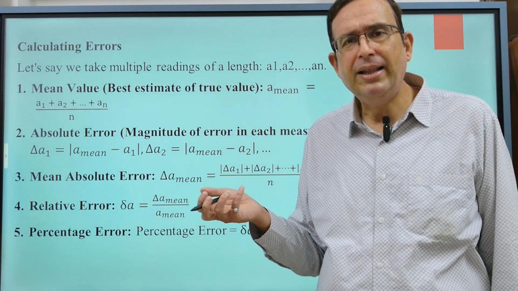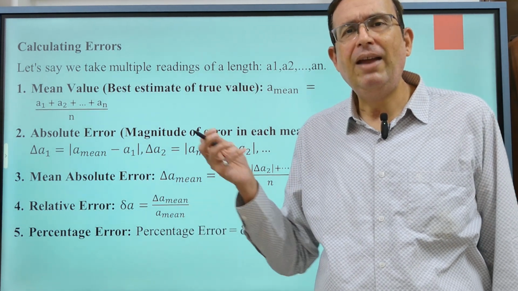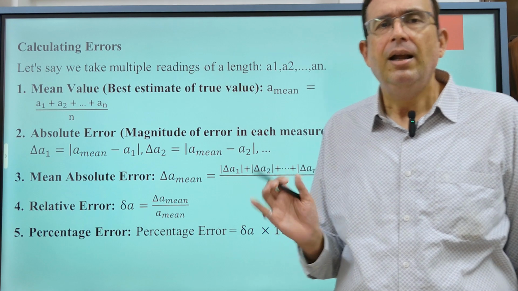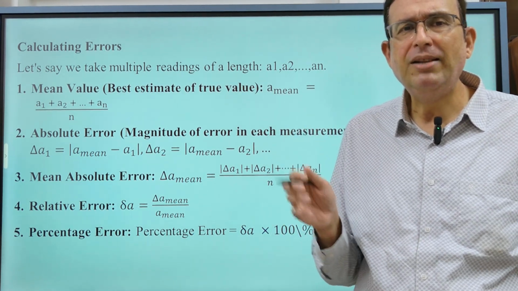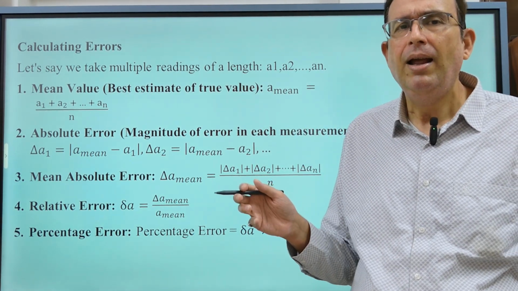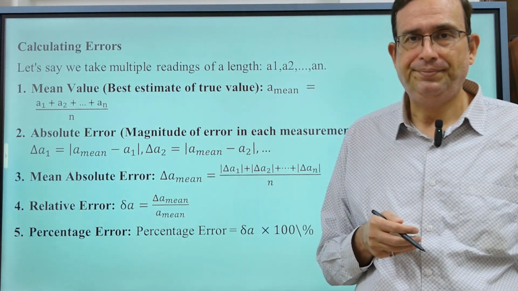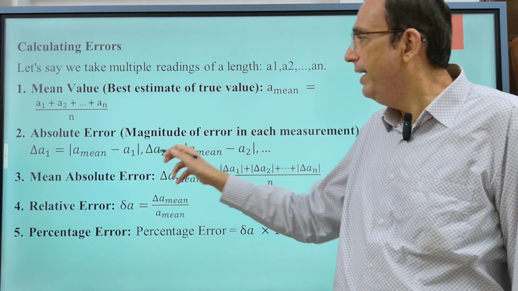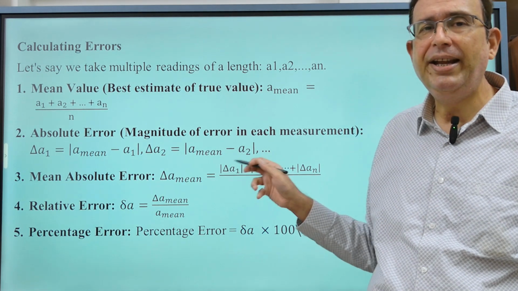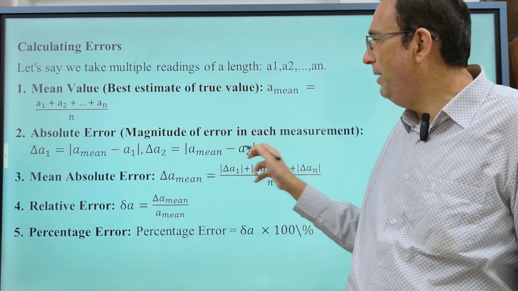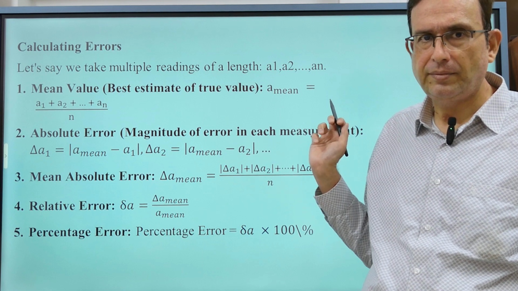Whether A1 is greater than A mean or less than A mean is not considered. Then you get the error in the reading of A1. Similarly, delta A2 is the error in the second reading, and that is mod of A mean minus A2, and so on.